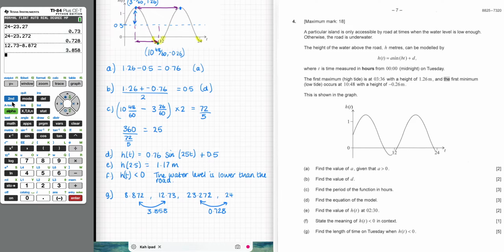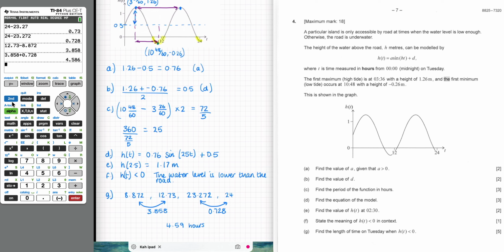And therefore, the amount of time that I can access the road is this answer plus this answer. And therefore, I can access the road for 4.59, and that is measured in hours.